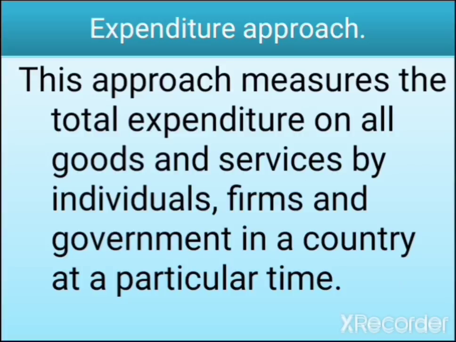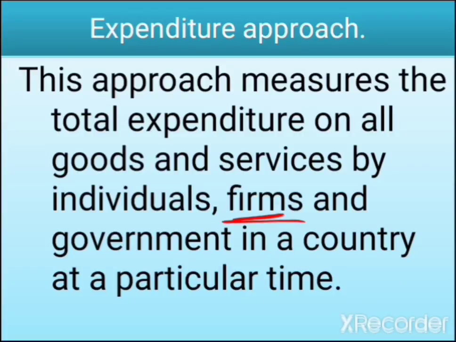What this approach will simply do is calculate the total amount of money that is spent by individuals, that is you and I, our households, by the government, how much the government spent, and how much private firms or business organizations spent.